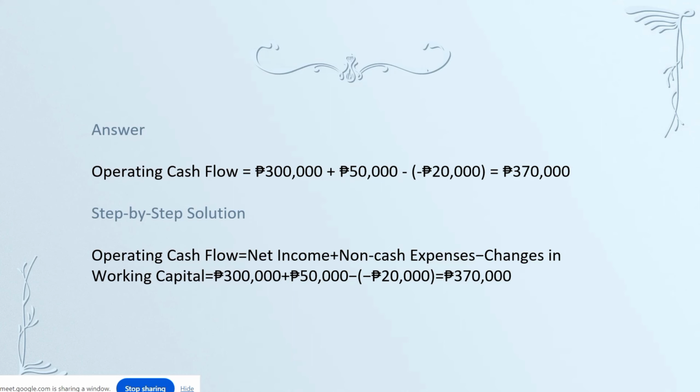For the step-by-step solution, operating cash flow equals net income, which is 300,000, plus non-cash expenses 50,000, minus changes in working capital 20,000, equals 370,000 pesos. Next.